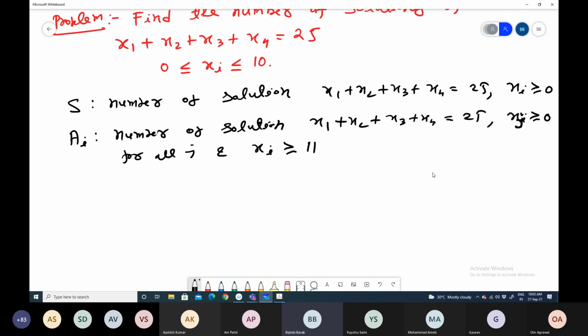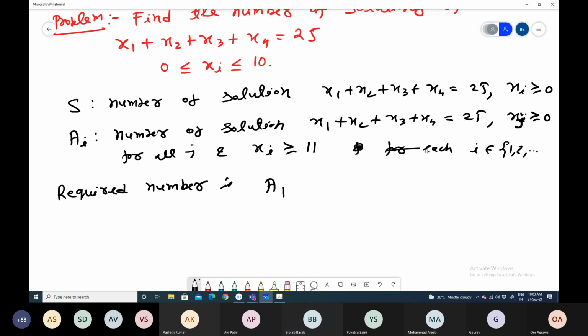Then in our case, the required number is, for each i, 1 less than or equal to i less than or equal to 4, we will choose Ai.